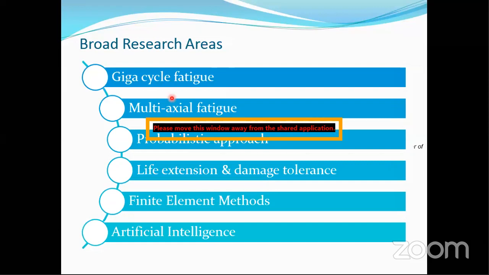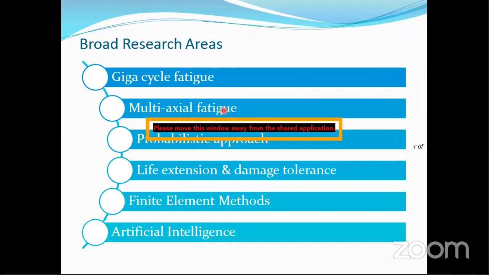Also, there will be multi-axial fatigue. How to account for failure and fatigue crack propagation because of loads in multiple axes? We are only considering single-axis or two-axis loading, but there will always be triaxial loading also. So how to account for that in fatigue?